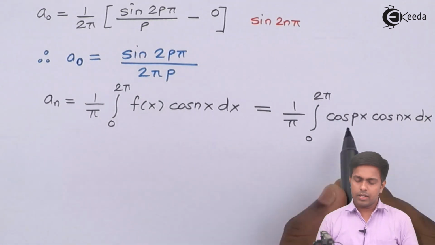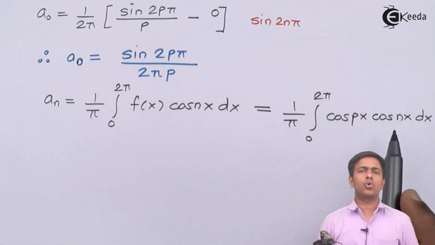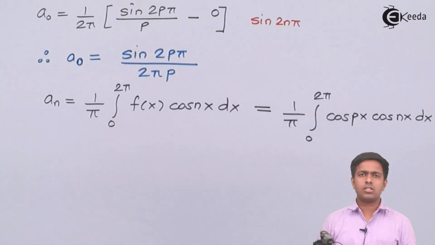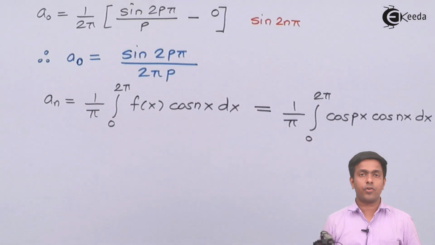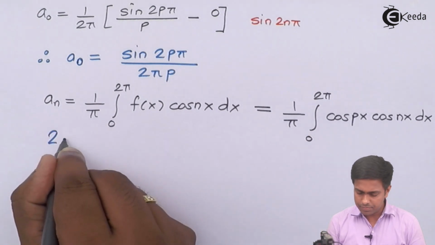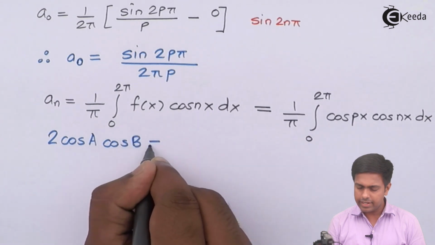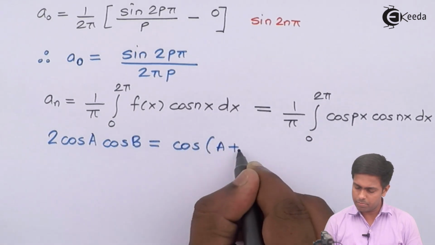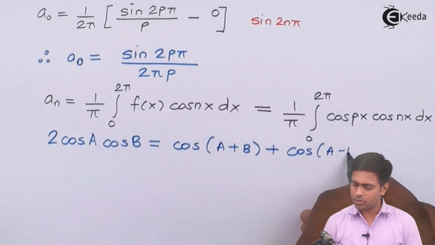Now to evaluate this integration, we have to multiply these two cos terms. So here I'll use the result for cos A into cos B. So guys, here I'll write down that result for you. 2 times cos A into cos B is given by cos of a plus b plus cos of a minus b.